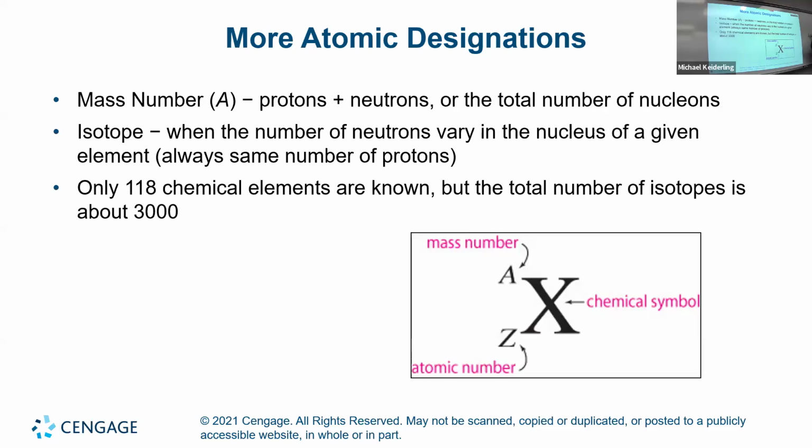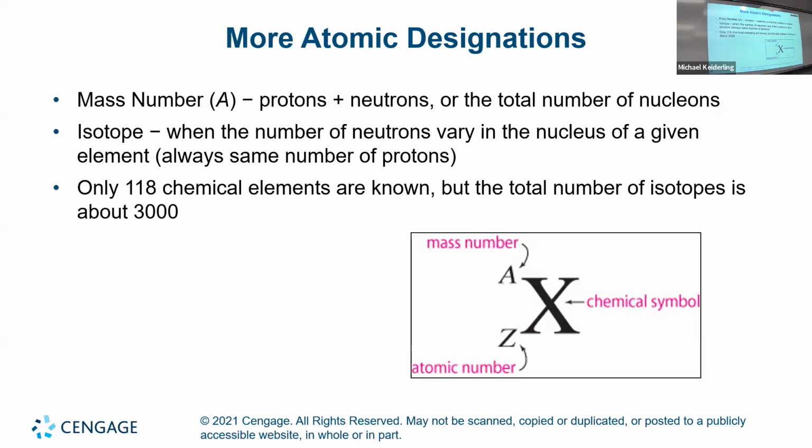And for the same element, you can have isotopes. You can have versions of that element where they have different numbers of neutrons. And we call it the same element because its normal number of electrons is the same, so it has the same chemistry.